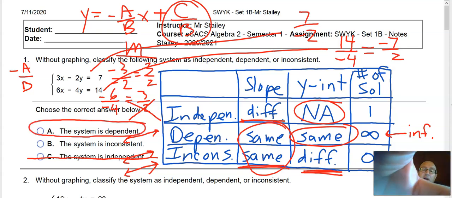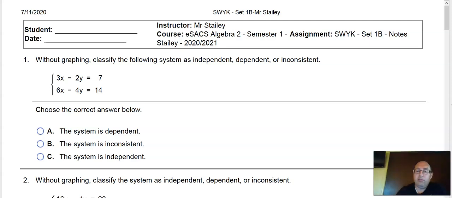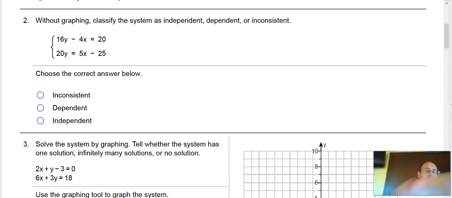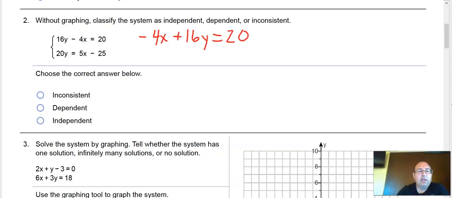Okay, let's see if we can get through these examples quicker. Same concept. So I see that they tried to trick me a little bit here. The opposite of 4x plus 16y equals 20. I don't know if this makes any difference to you, but we could simply divide that out and get y equals 1/4 x minus, if I reduce that, 5/4.